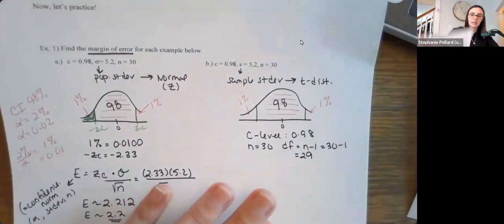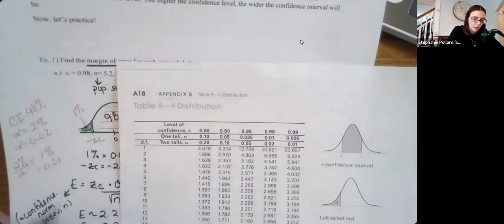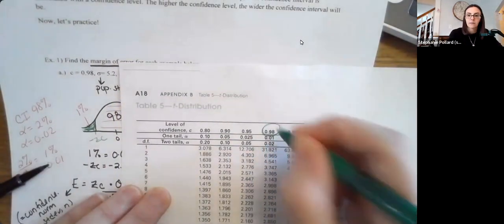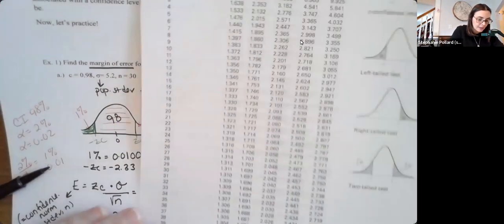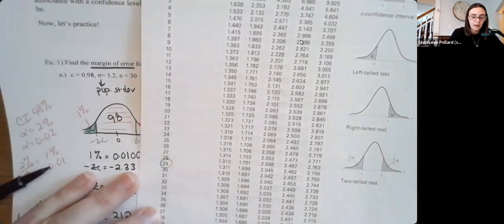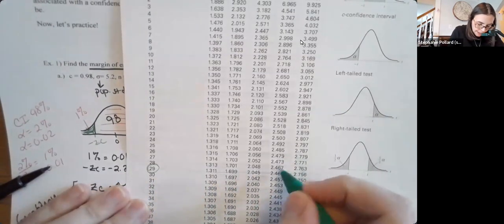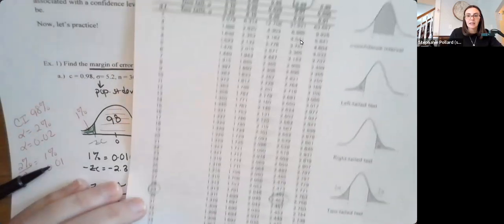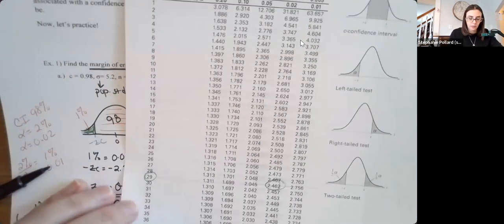I'm going to go to my t-table here. Up top, you have your confidence level, so here we're looking at 98. My degrees of freedom is 29. If I go down, I do see I have 29 there. I'm going to follow that right over and match that up with the 98. And my value there is 2.462.